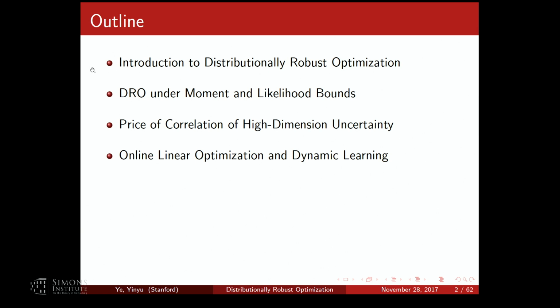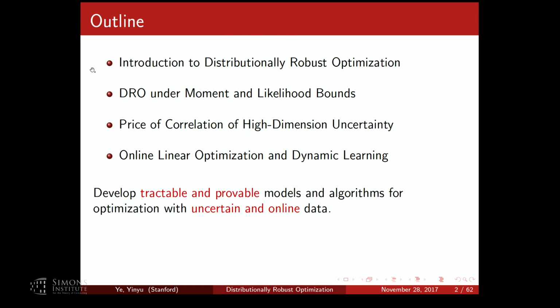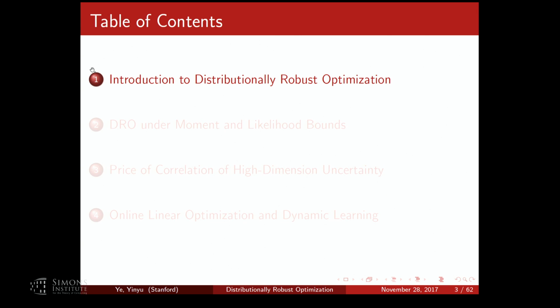All this relates to stochastic decision estimation optimization problems where you don't know precisely what the distribution would be. So you relax that, and then hopefully you still make safe decisions. The whole goal is to try to develop some tractable and provable models and algorithms with uncertain online data. So that's the theme of the work.